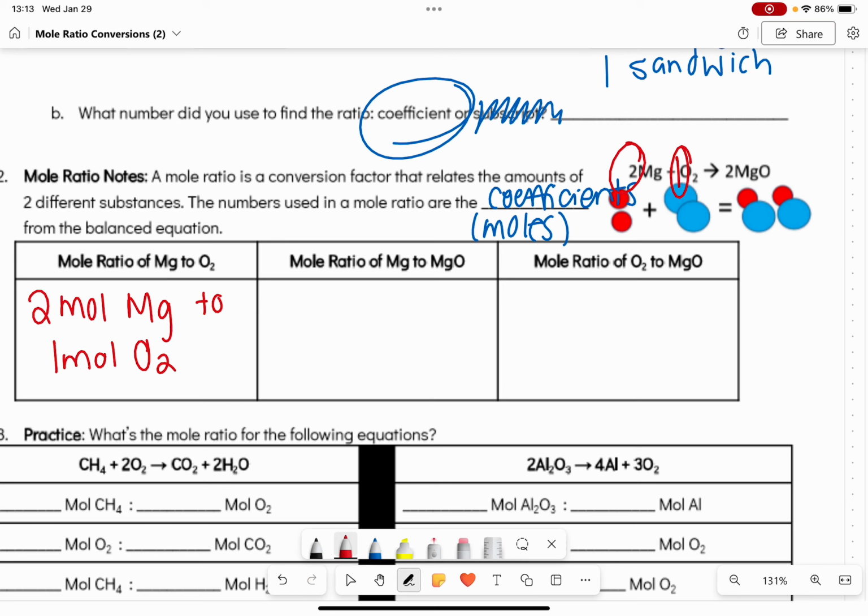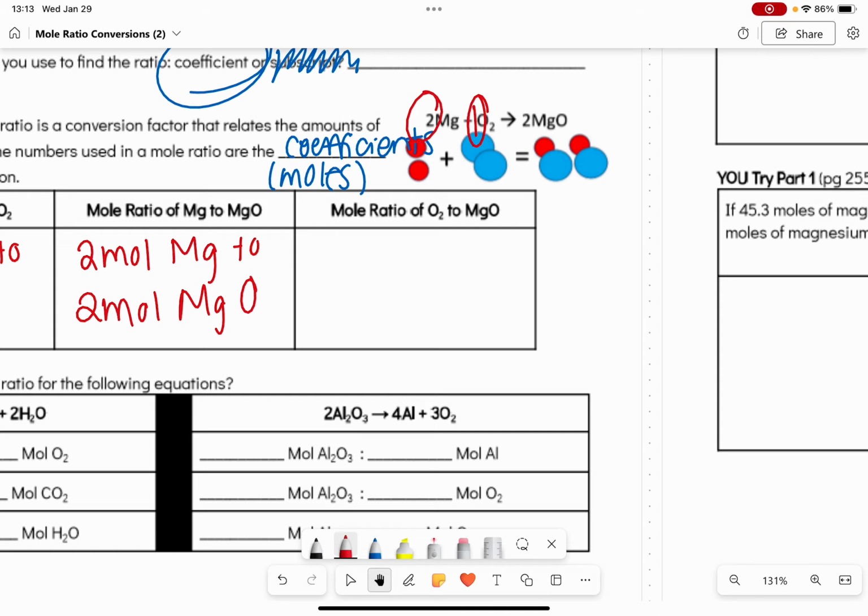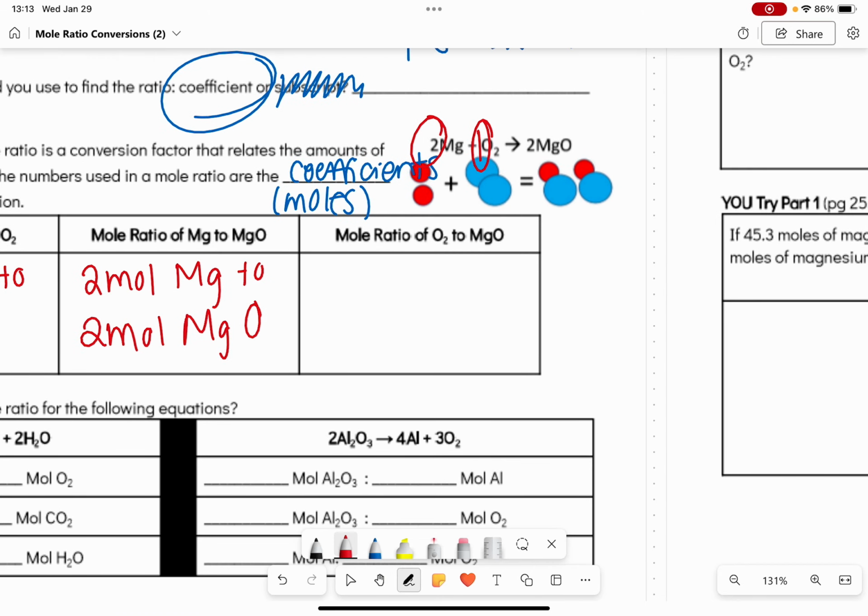The mole ratio of Mg to MgO would be 2 mole Mg to 2 mole MgO. And the mole ratio of O2 to MgO would be 1 mole O2 to 2 mole MgO.